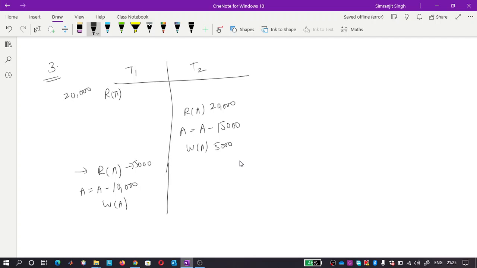This is the problem. If transaction T1 has not made any changes, it means that transaction T2 or some other transaction has made the changes, but T1 is not aware of that because of the isolation property. That is why this problem happens, and this is referred to as read write conflict.